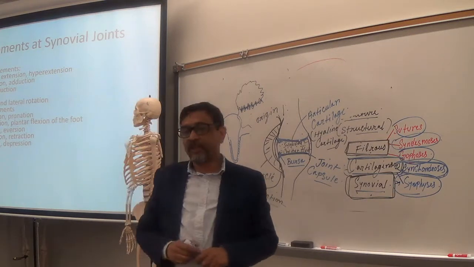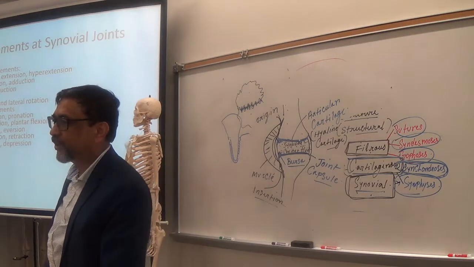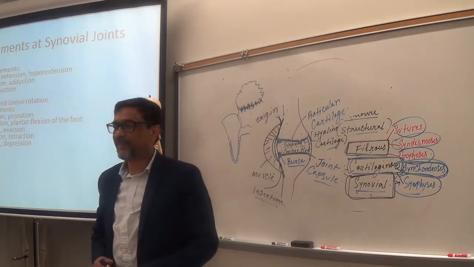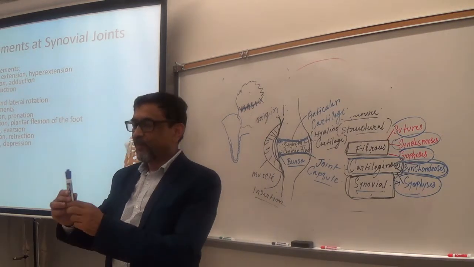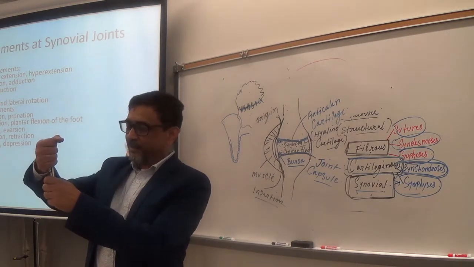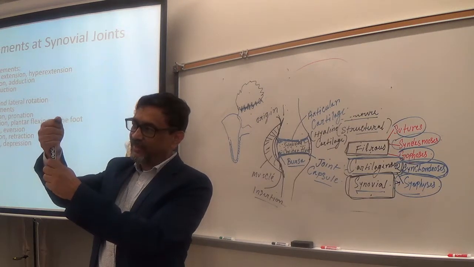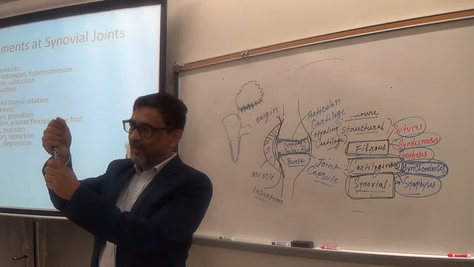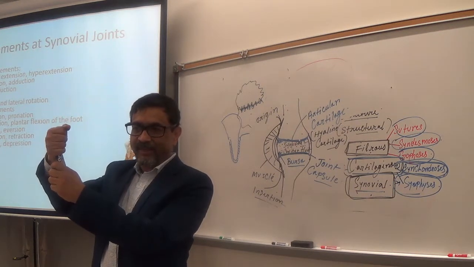Special rotation. Rotation is the movement in which the axis does not change. For example, you see I am moving this. This is the axis. It is moving around the axis. It's not changing. The axis is remaining there, right?